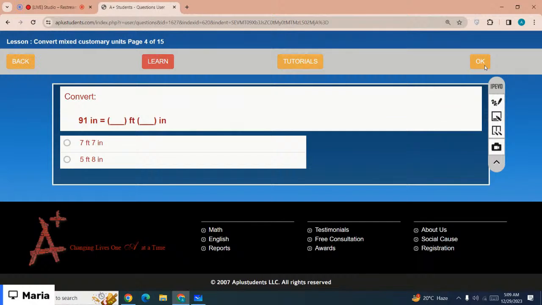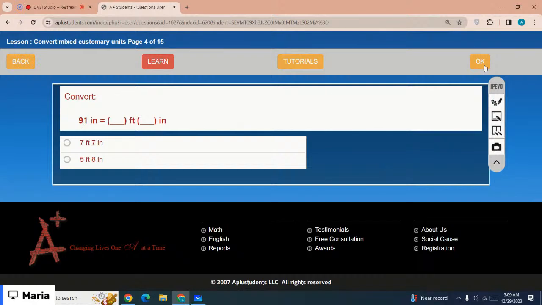Okay, 91 inches. You have to convert from inches to feet. You have to divide it by 12 because 1 foot equals 12 inches.